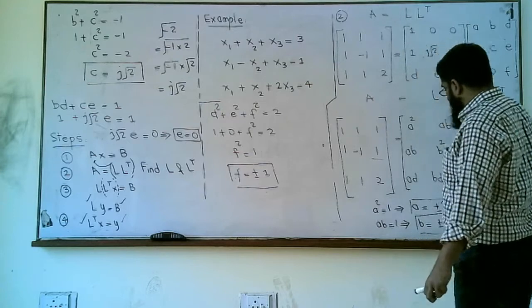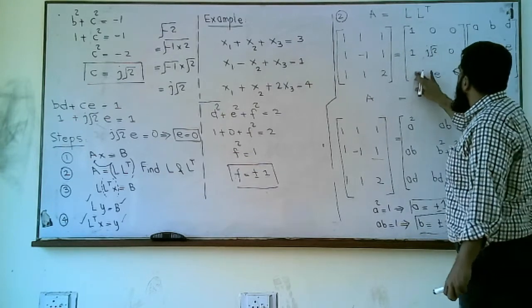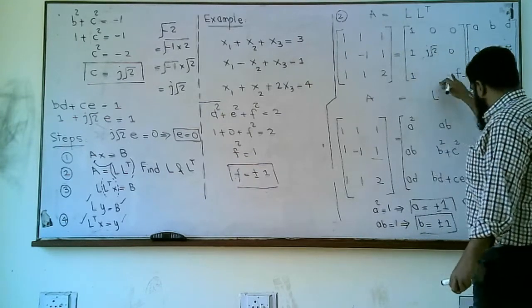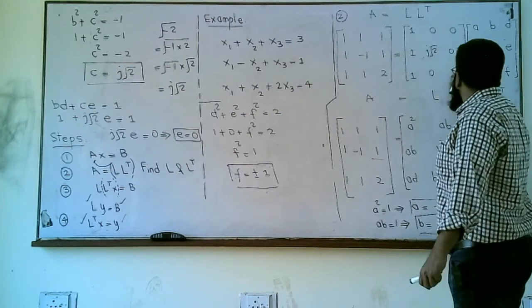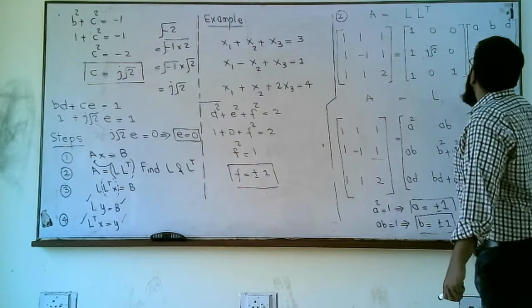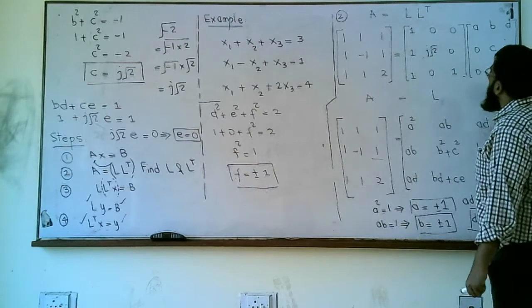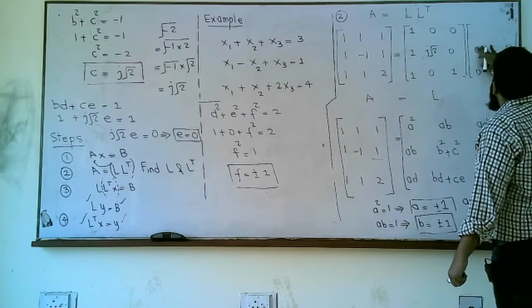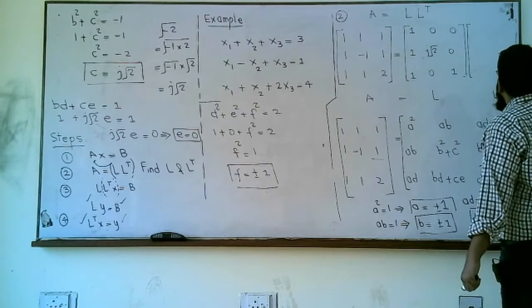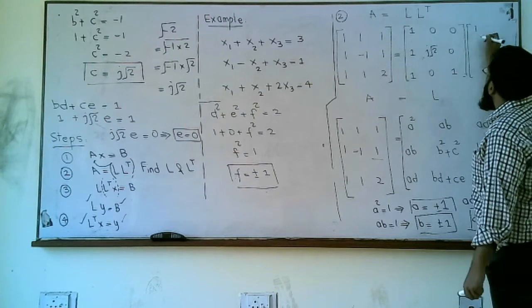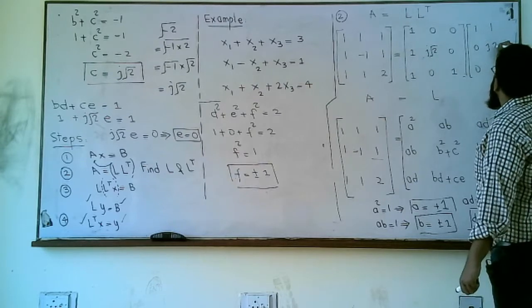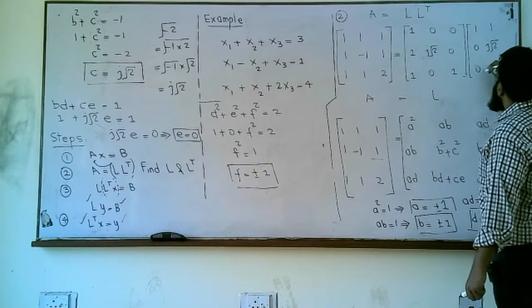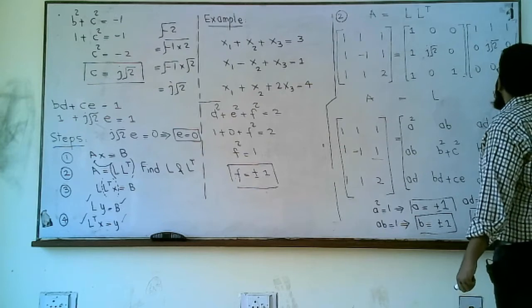D is 1. E is 0 and F is 1. Right. And this is of course the transpose of this matrix: 1 0 0, 1 j square root of 2 0, 1 0 1.